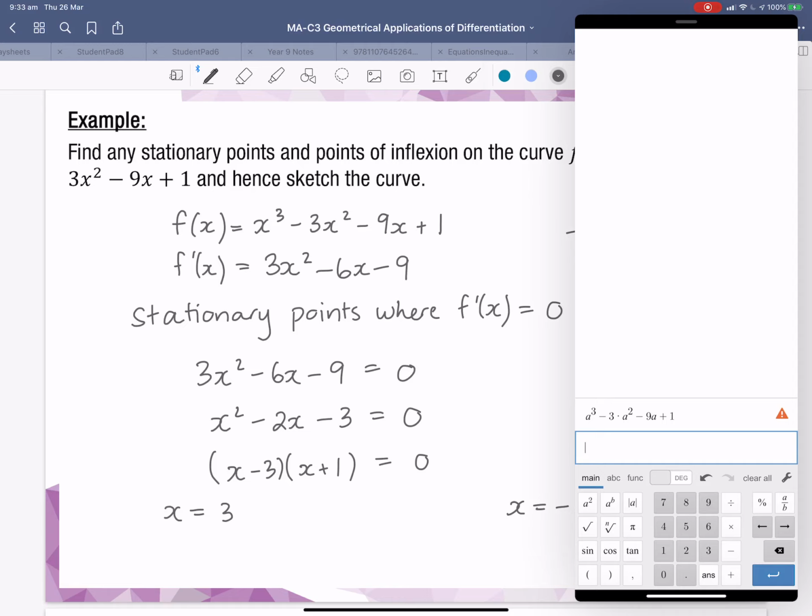All right, so it's complaining because it doesn't know what a is, and that's fair enough. But I just wanted to put that in there to start.